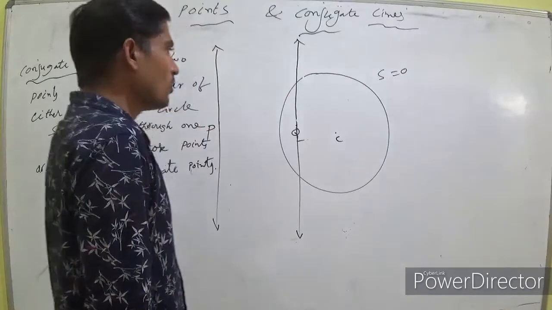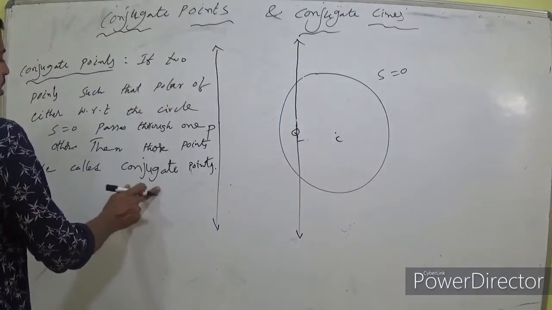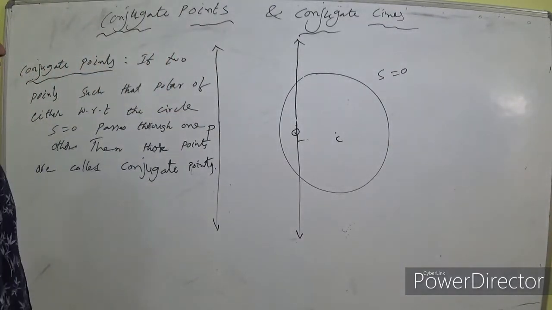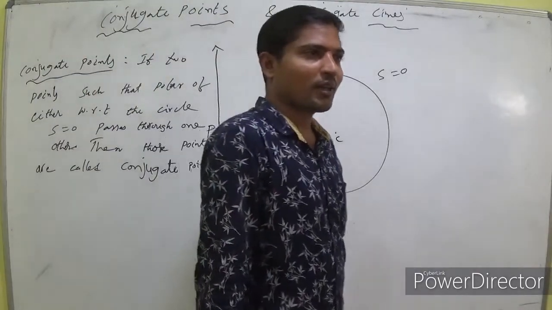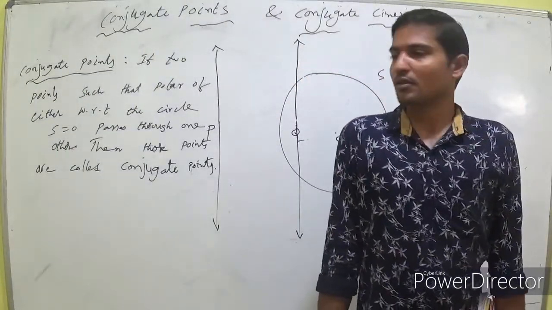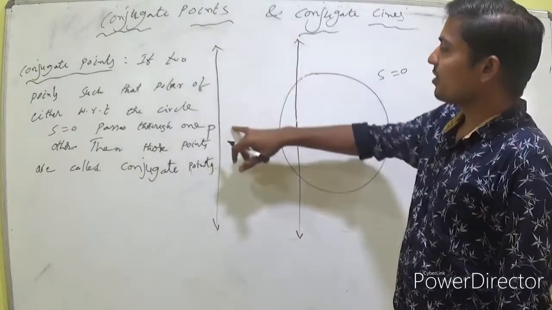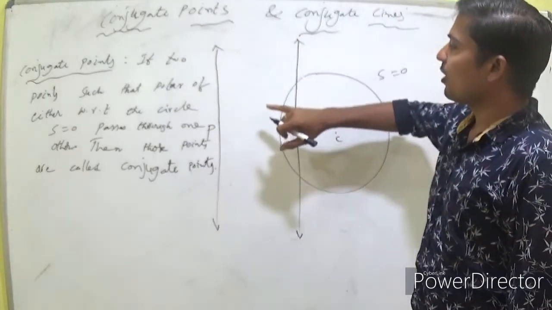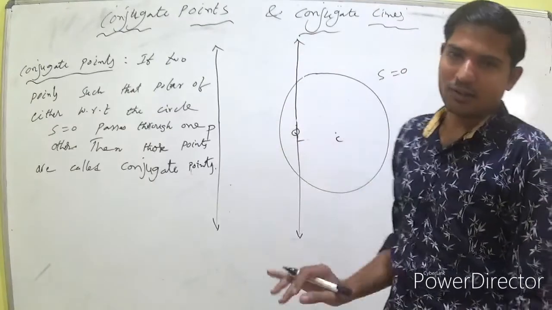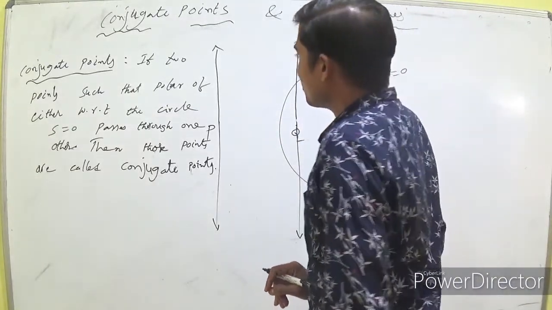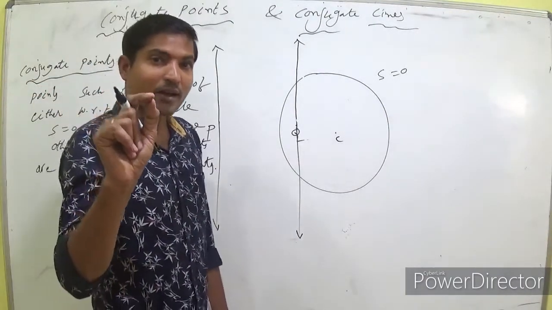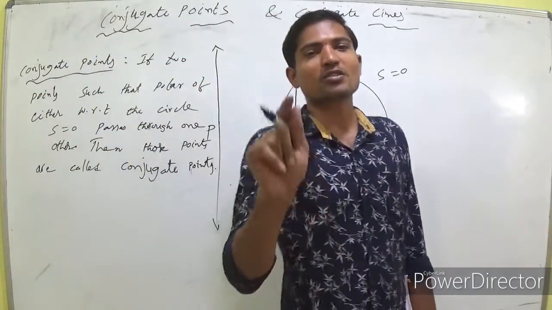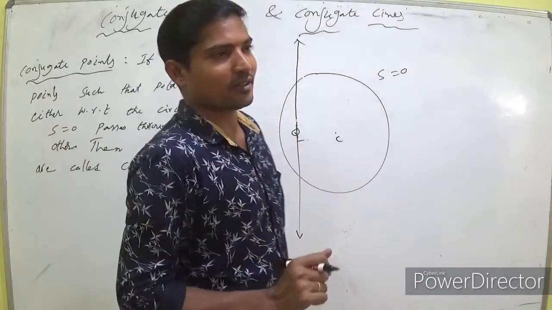Now, conjugate lines. If 2 points are given, then the polars are passing through one another. Like that, suppose 2 lines are there, then the pole of one lies on the other, then those lines are called conjugate lines.